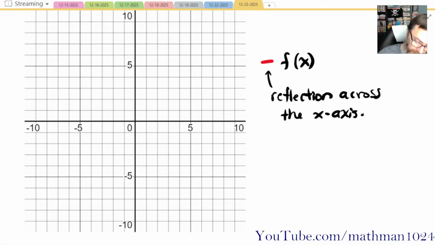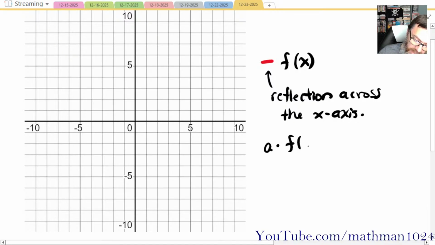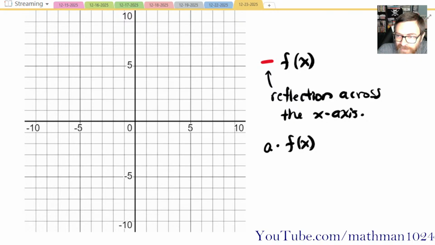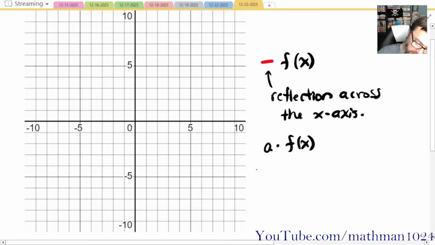Another thing to consider is that if I have a multiple, a factor in front of the function, what the a value is will determine how it affects the shape. So if the absolute value of that coefficient is greater than 1, then we're going to have a vertical stretch.